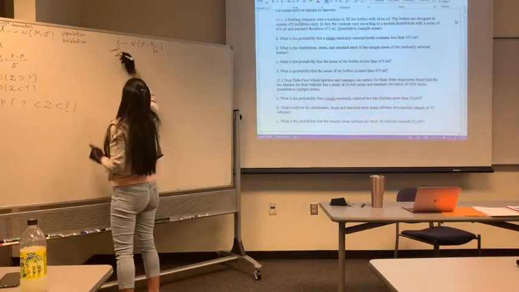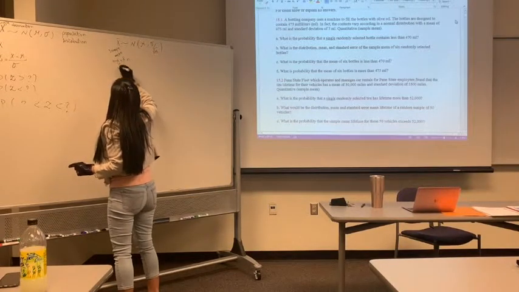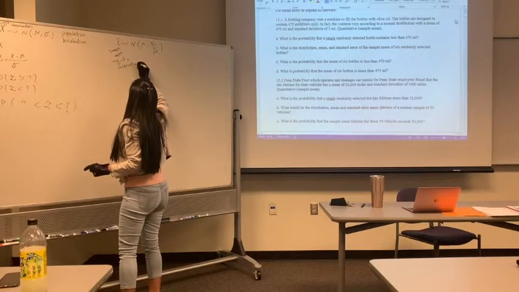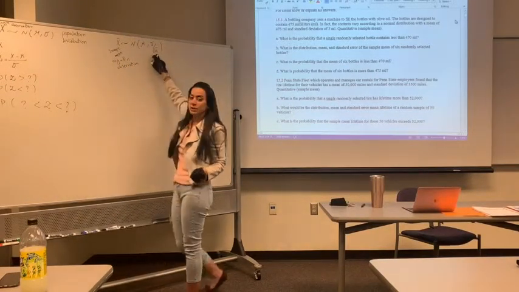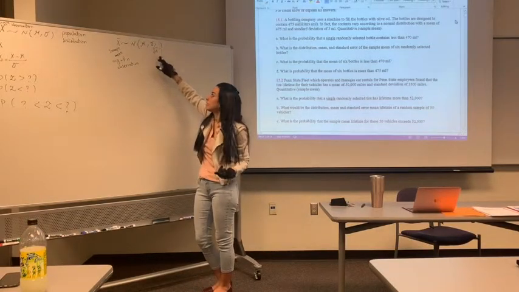So x bar was the sample mean, or average of n observations, and these n observations reduce the variance to sigma over square root of n.